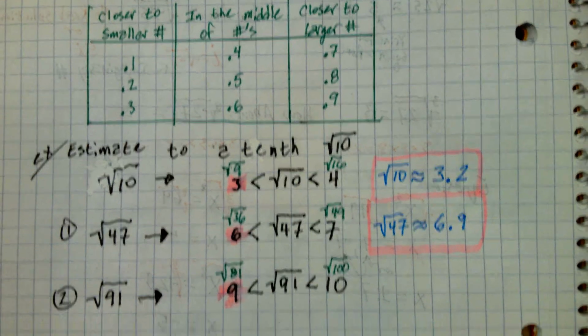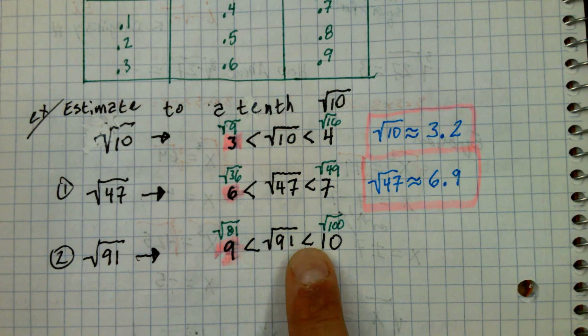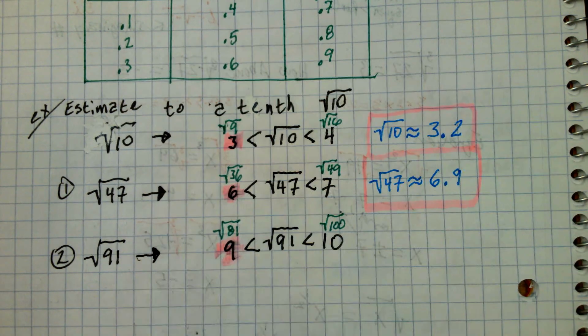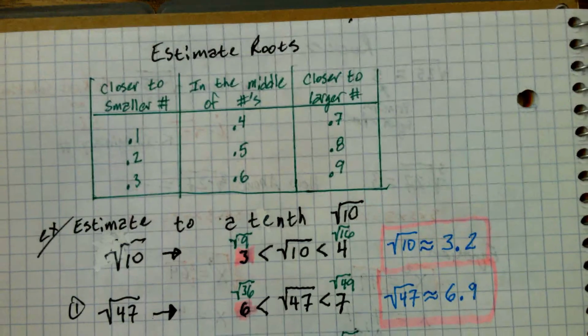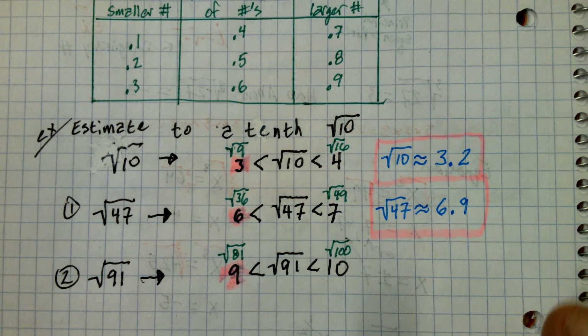And let's see. Is 91 closer to 81 or closer to 100? It's closer to 100 by 1. It's more or less in the middle. So this time it's in the middle of the numbers, more or less. Plus or minus 1 or 2 on either side puts it in the middle.